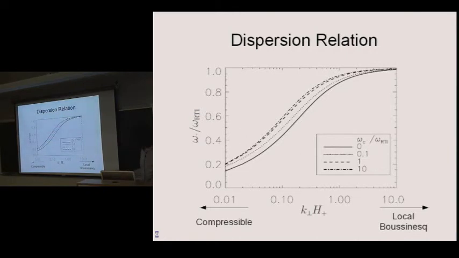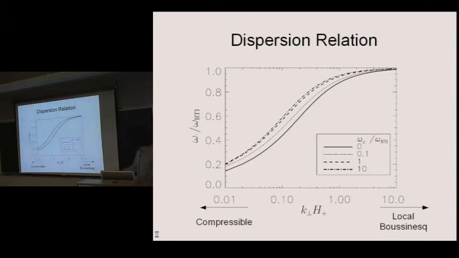So if KH is large, you're in the local Buoyancy approximation, and all the lines, which correspond to different values of the conductivity, all approach 1, which is to say that the growth rate hasn't changed at all when you introduce the conductivity. And this is true even for large conductivities. So when omega c over omega RTI is about 10, it's in the fast conduction limit. So if you increase above 10, you get the exact same result.